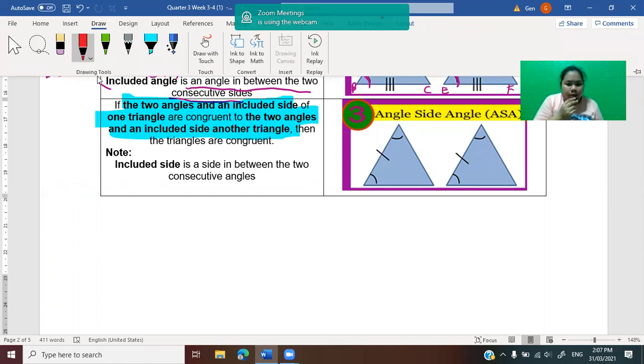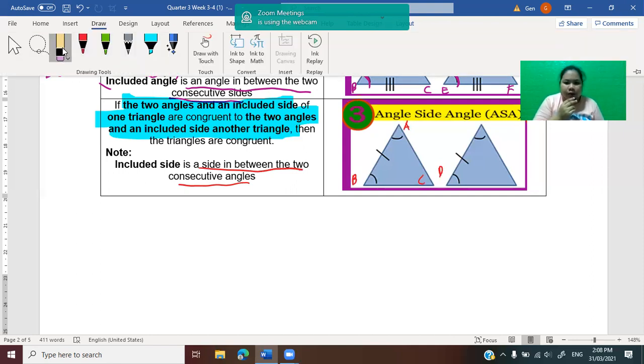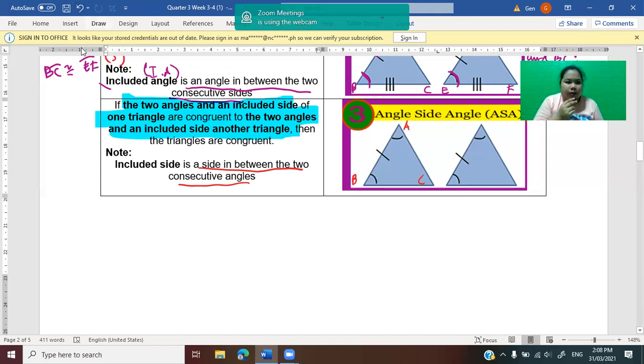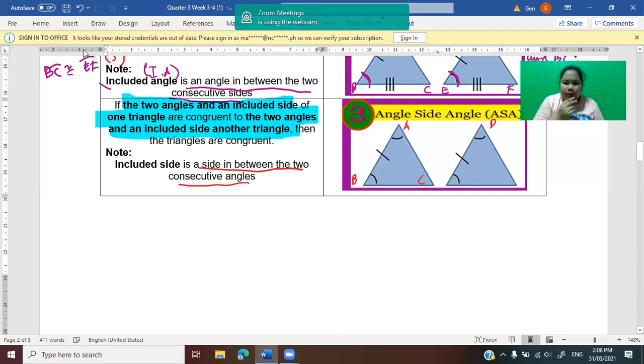When we say included side, this is a side in between the two consecutive angles. So let us name this A, B, C, D. Wait, ito yung D pala. D, E, F.